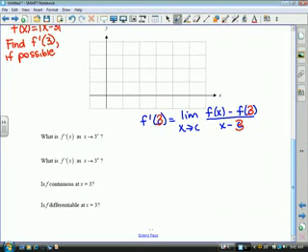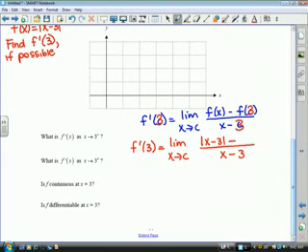With me there? All right. Well, what's f of x? It's absolute value of x minus 3, isn't it? So my function was absolute value of x minus 3. How do I find the value of f of 3?